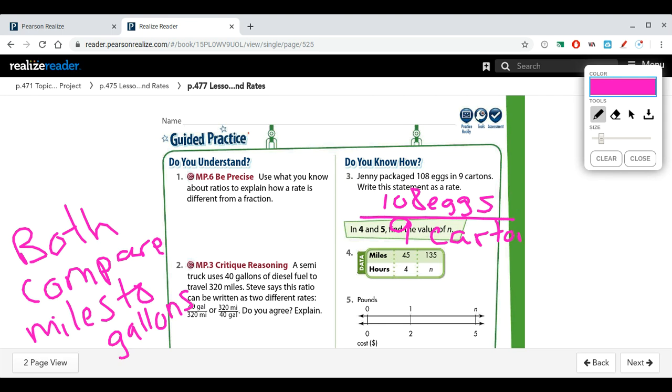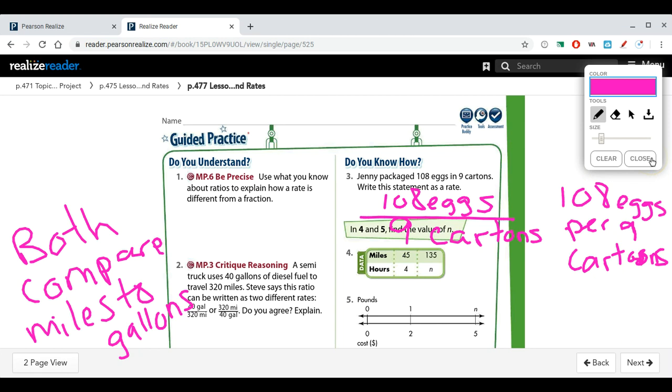If I write this as a rate in written form, it would be 108 eggs per 9 cartons. So it's a little bit different than a ratio, because a ratio would be 2. Here it's going to be per, not cartoons, cartons. Per 9 cartons.